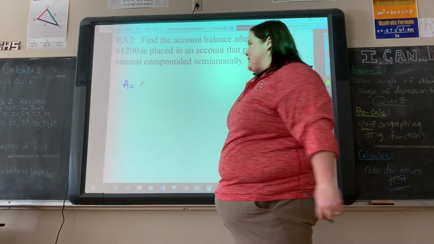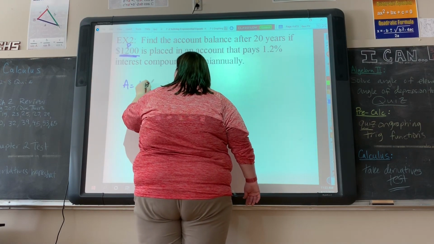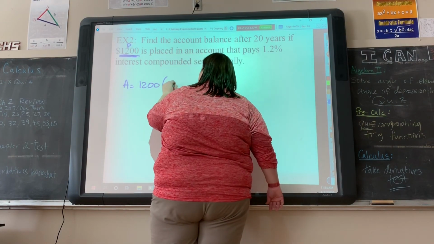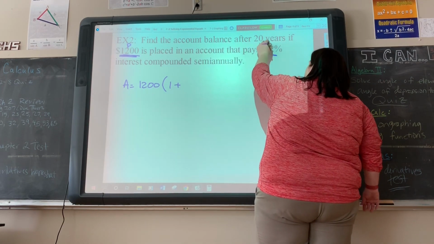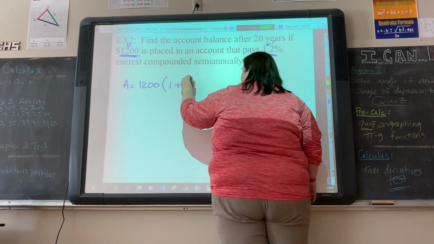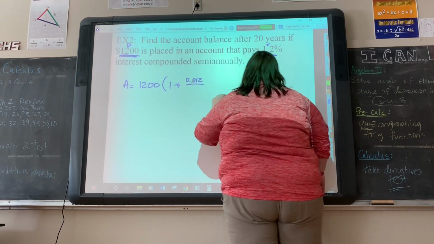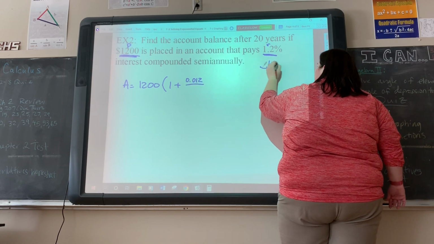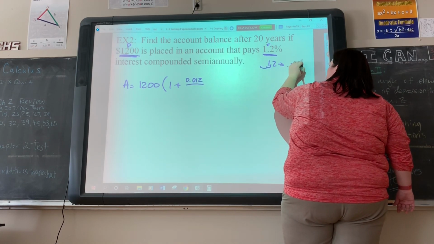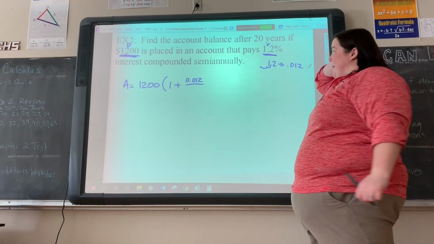So my initial investment for this one is $1,200. And then it's 1 plus the rate. So our rate here is 1.2, so inside my formula, it's going to be 0.012, because you move that decimal place twice. And then we divide it by our number of times compounded.